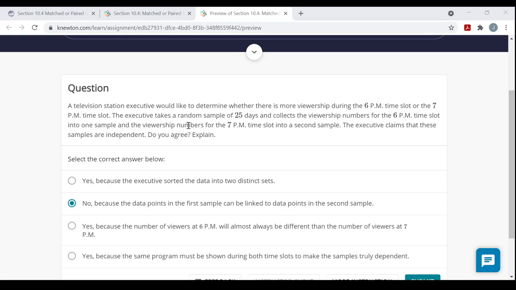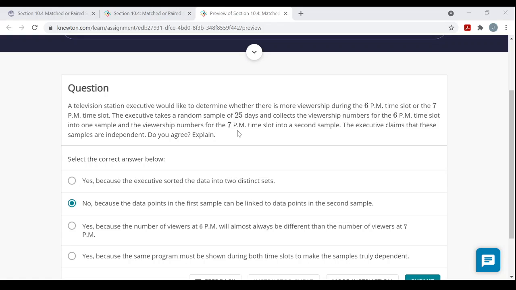So when you look at the viewership numbers, there may be viewers in the 6 p.m. sample that are also in the 7 p.m. sample. That's what they mean by data points in the first sample being linked to data points in the second sample. If someone's watching this television station at 6 p.m., they're probably also watching at 7 p.m., if it's a show that's similar or whatever.